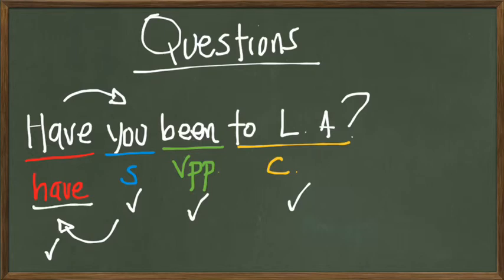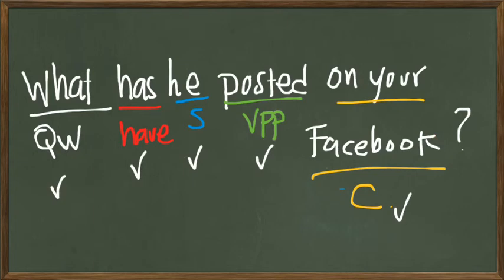Have, our auxiliary, subject, verb in past participle, complement if necessary. Information question, we only put the question word in the beginning. What has he posted on your Facebook? Question word, auxiliary have, subject, verb in past participle. Do not forget these elements. They are very, very important when you express yourself in this tense.